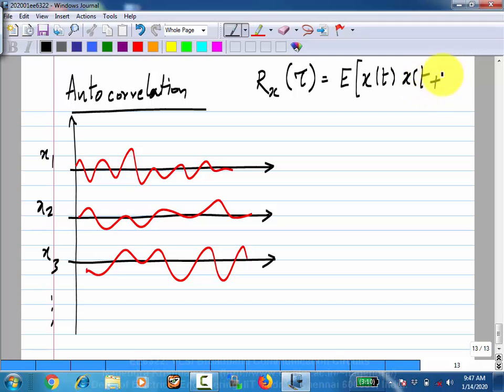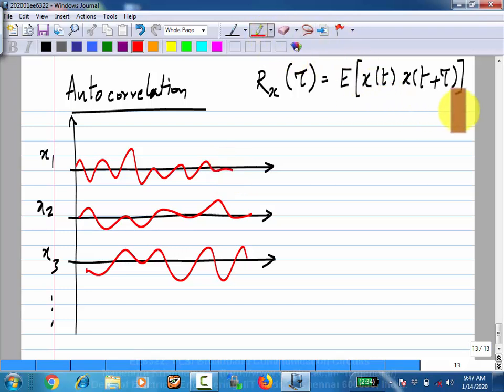You can use t plus tau or t minus tau, it doesn't matter. I've already assumed that it is stationary, that is, it will have the same distribution at every instant of time.